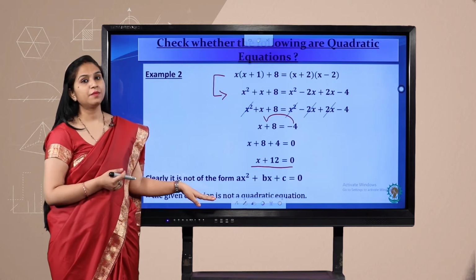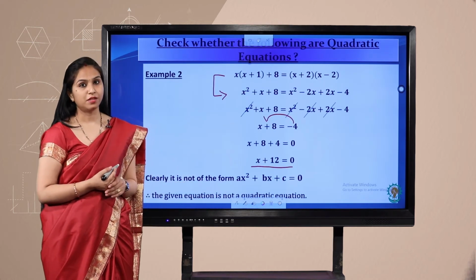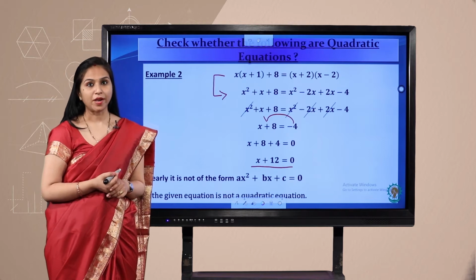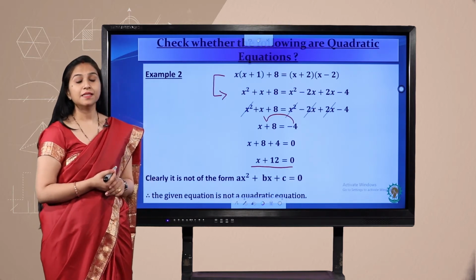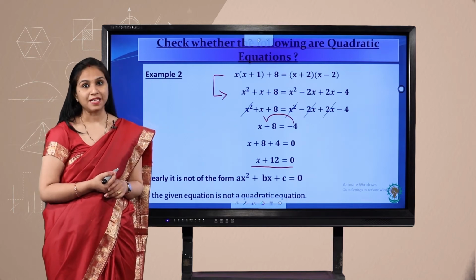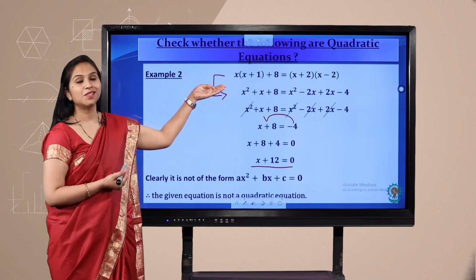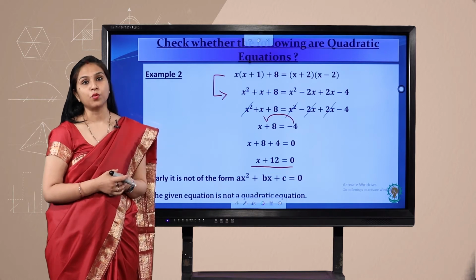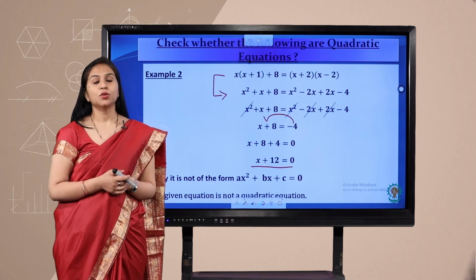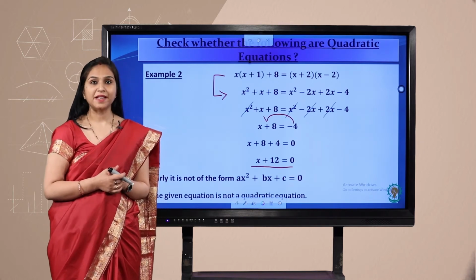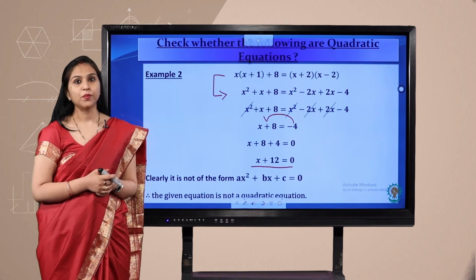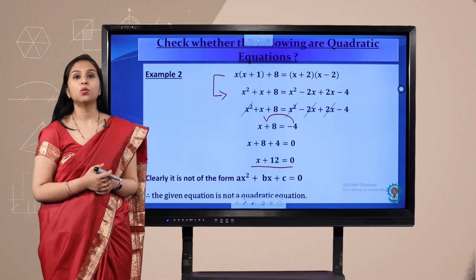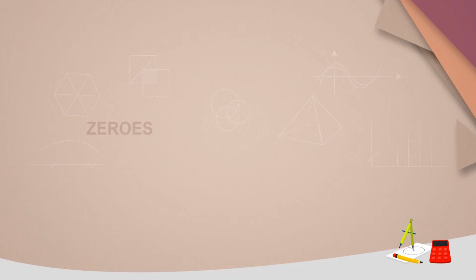So, this equation is not in the form ax² + bx + c = 0. This implies the given equation is not an example of a quadratic equation. So, in this way, children, by finding the product of the right side and left side, you can check whether the given equation is a quadratic equation or not.